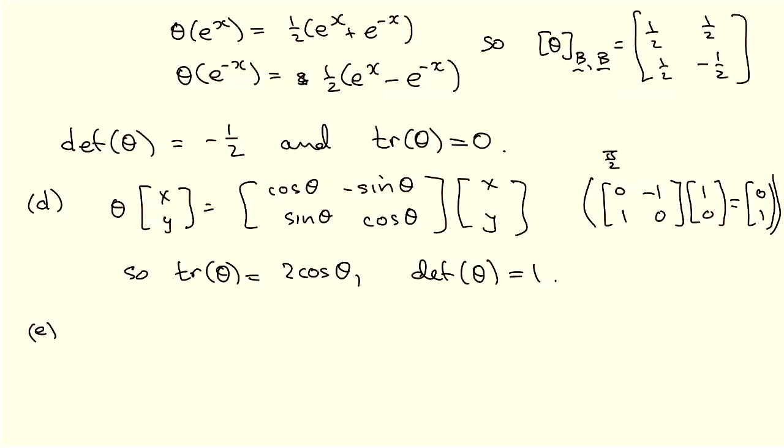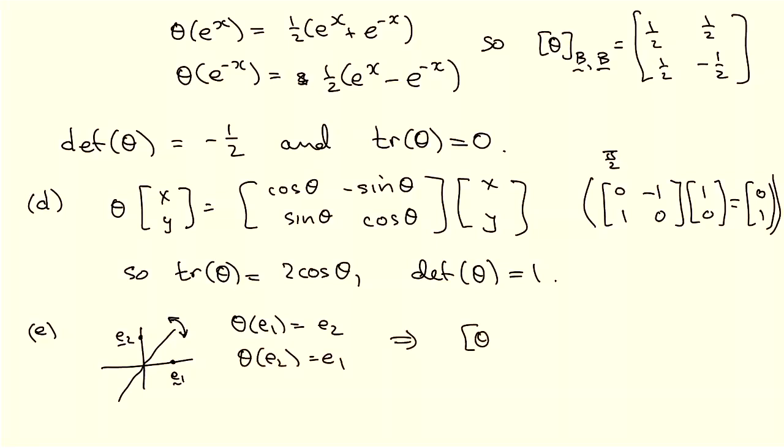E, orthogonal reflection in the line y equals x. That one we worked out in a tute, and I can do that one nice and easily. Let's see what it does to the standard basis vectors, E1 and E2. Well, it maps E1 to E2 and E2 to E1. So theta of E1 is E2, theta of E2 is E1.